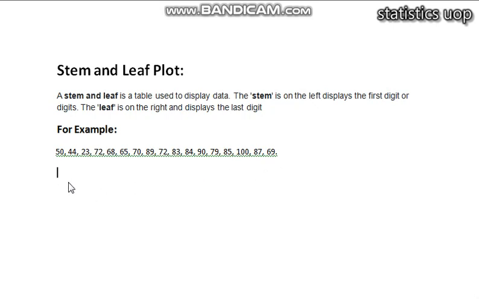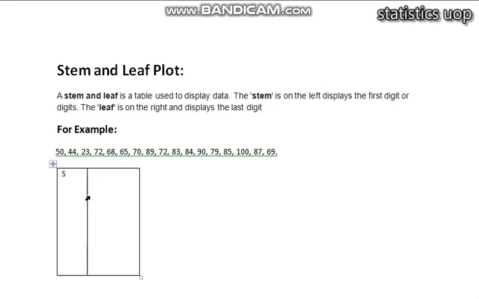First we make two columns, one for stem and the other for leaf. Now, how can we put a digit in the stem and in the leaf column?